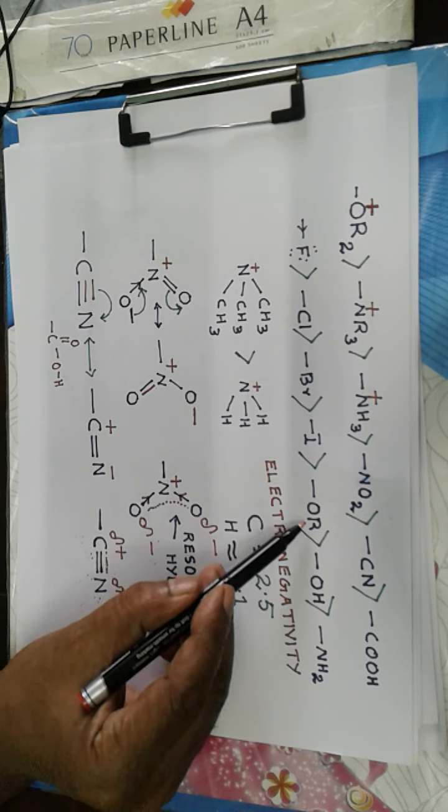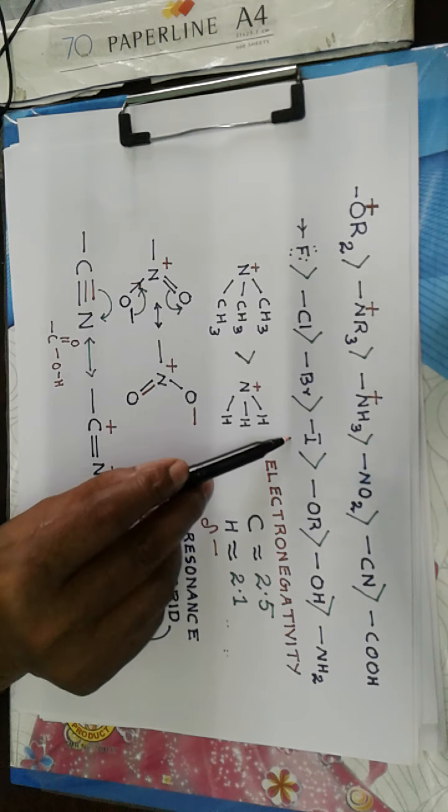Now in the case of the RO group, that is the alkoxy group, the oxygen atom has no charge, and the alkyl group shows only a very small plus I effect, so it will have a lesser tendency to accept electrons.